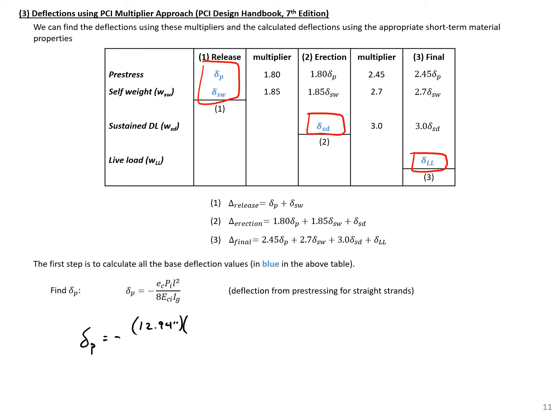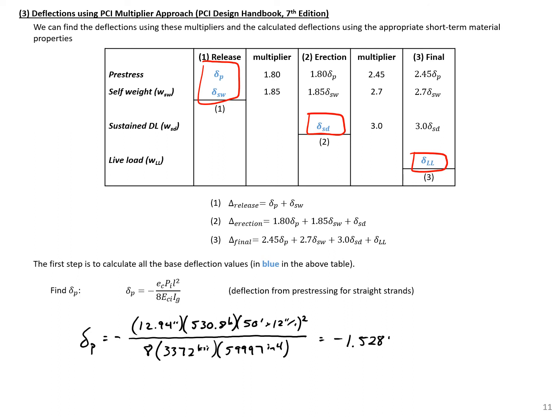So taking our elastic shortening losses off, which will be 530.8 kips, times 50 feet times 12 inches per foot squared, all divided by 8 times our modulus at release, 3,372 ksi, times 59,997 inches to the fourth. So this will give us a deflection here of negative 1.528 inches.